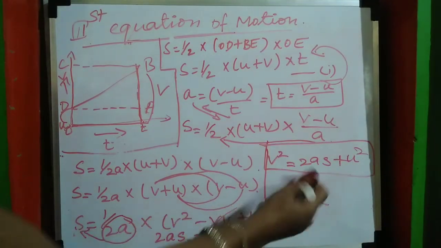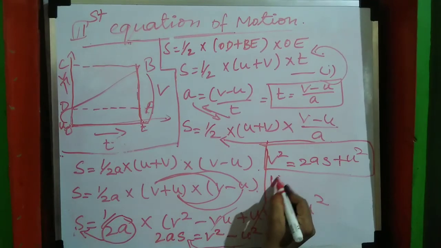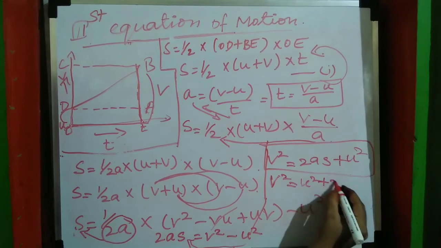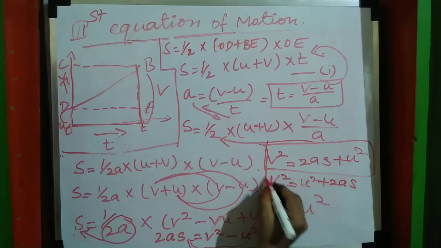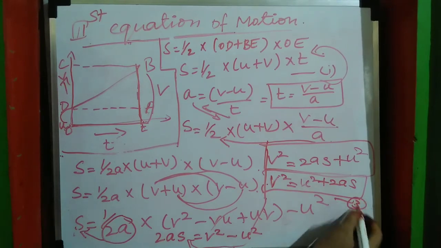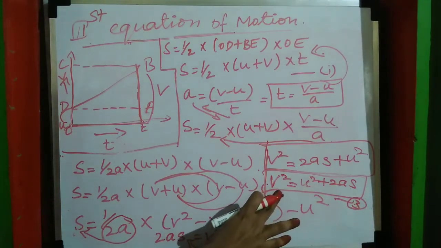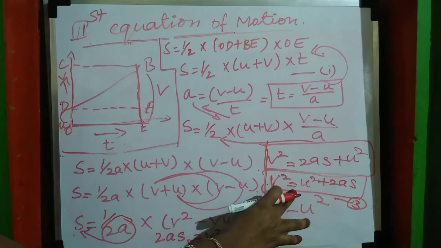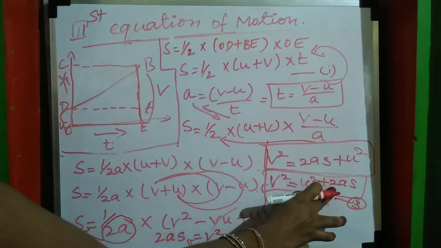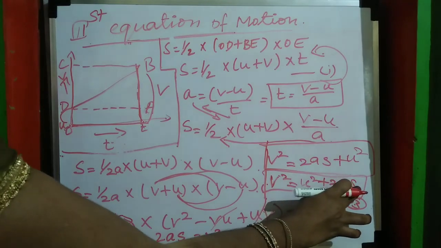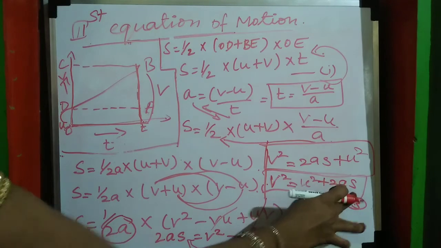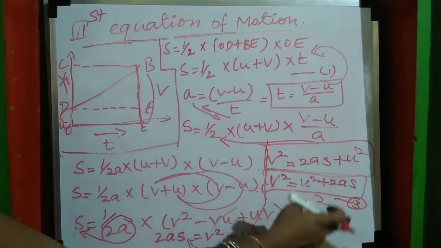Rewrite this equation. v square is equal to u square plus 2as. So this is the third equation of motion: the square of velocity is equal to the square of initial velocity plus 2 into acceleration into distance s. v square is equal to u square plus 2as. So this is the third equation of motion.